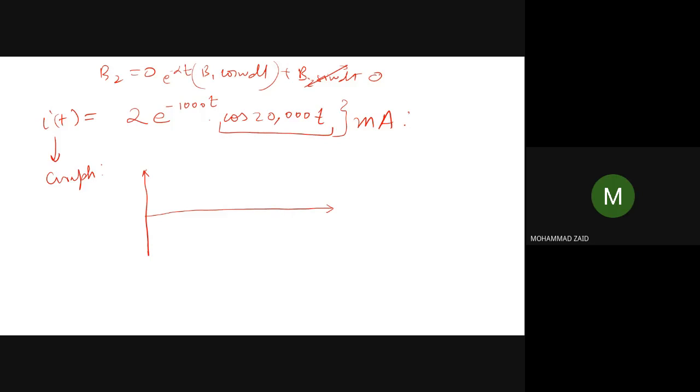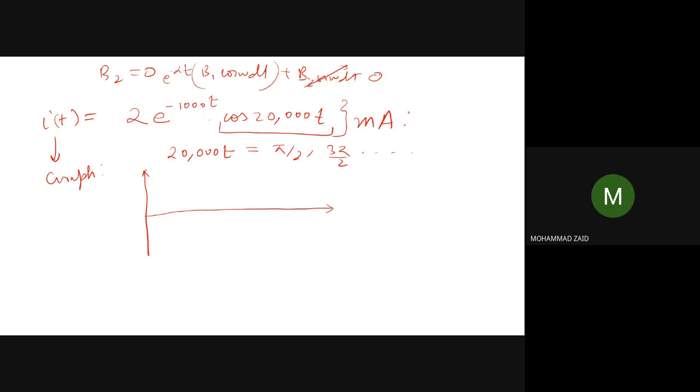The cos function will become 0 at some time in every cycle. 20,000 t will become pi by 2, or 3 pi by 2 and so on, for which we can calculate the time at which this function will become 0.